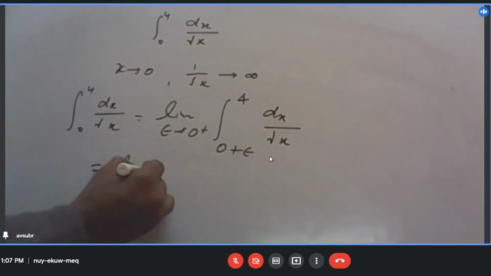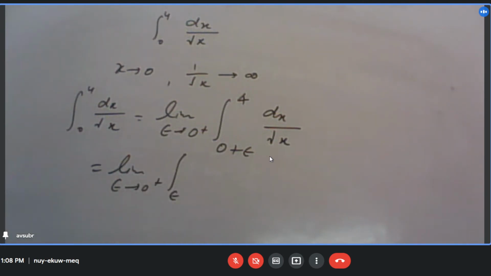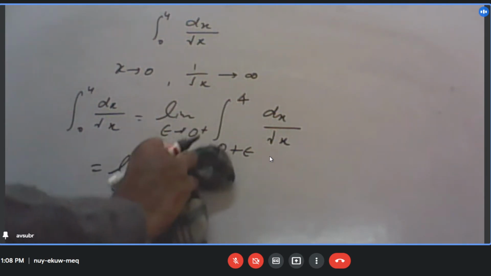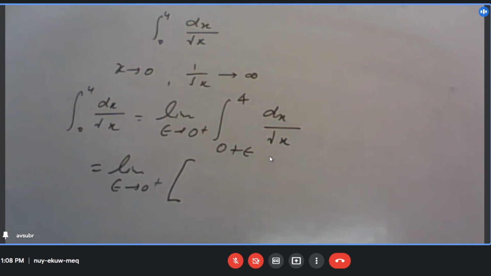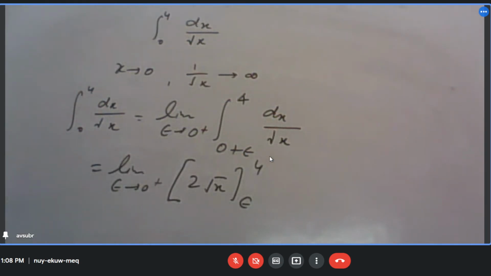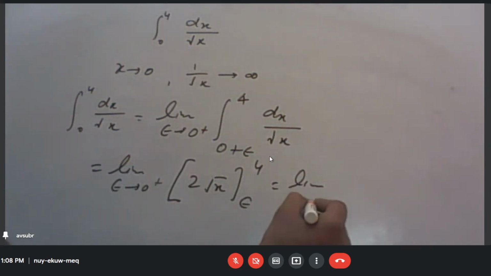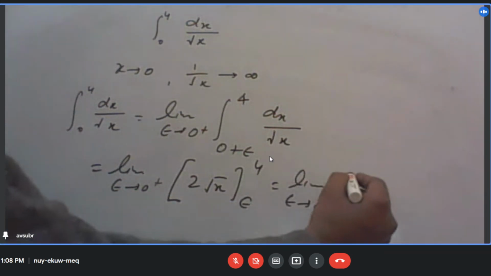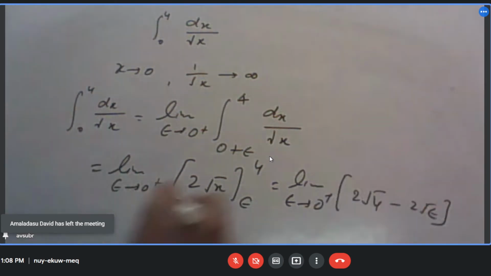So what will be the integration? 2 root x, from epsilon to 4. That is what the limit is. So this one will be 2 root 4 minus 2 root epsilon.